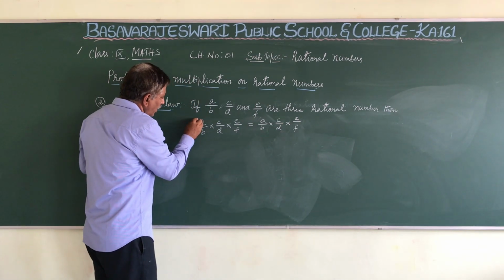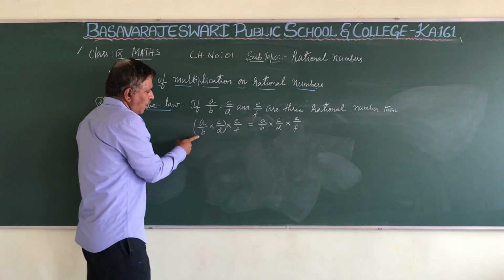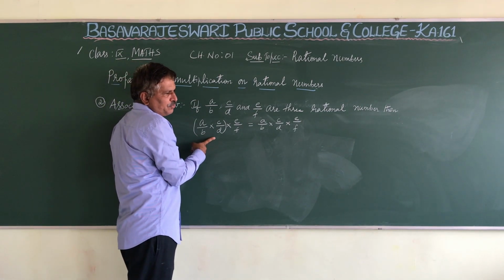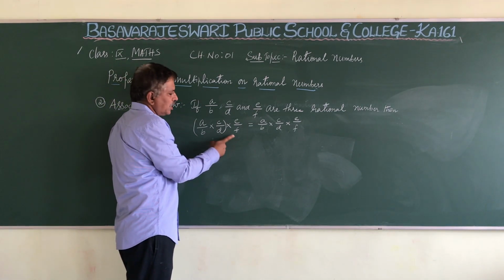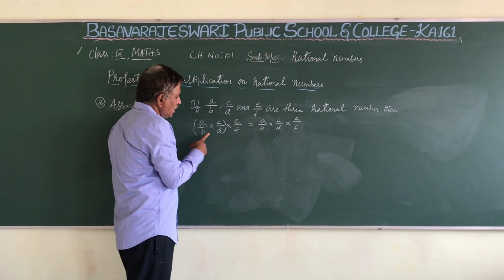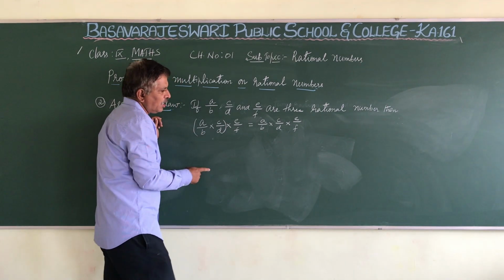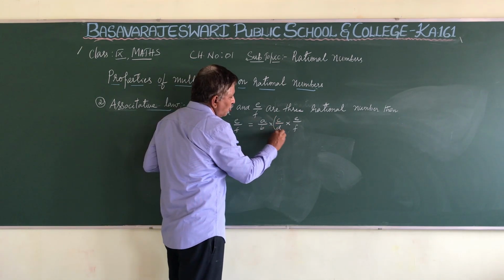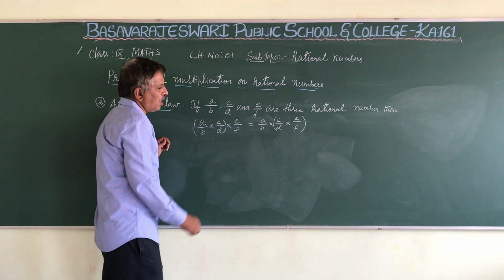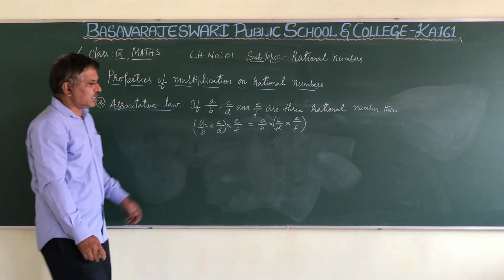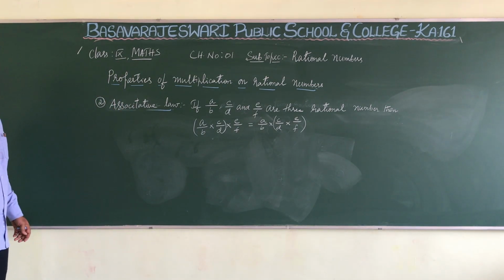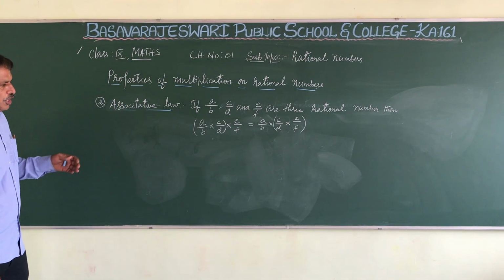So if I want, I can make a group of first and second, or second and third, or first and third. Since I have taken first and second here, I will leave the first one and make a group of second and third, or you can make first and third also. So this is the associative property or associative law.